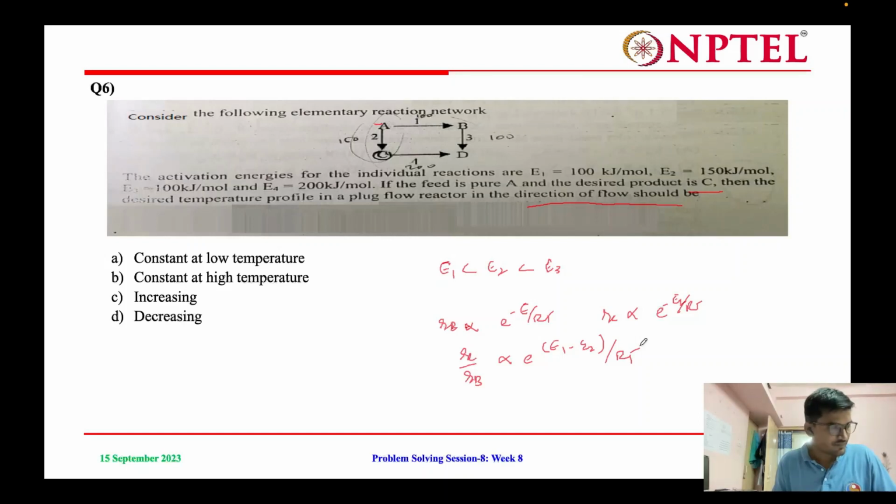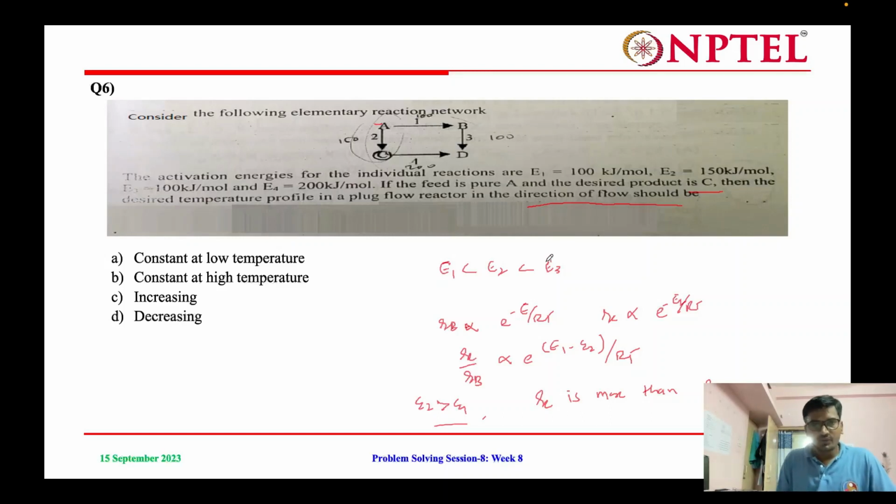Since E2 is greater than E1, we start at a high temperature so that rC is more than rB.